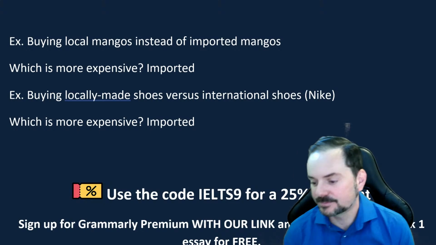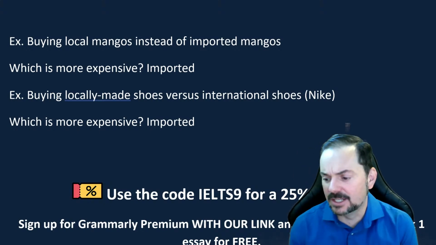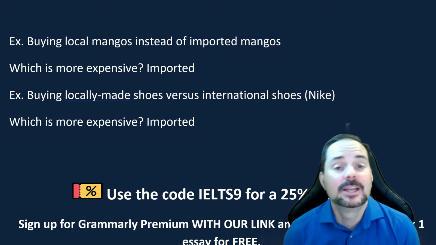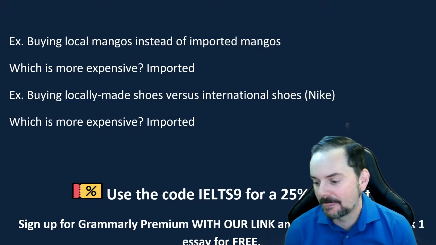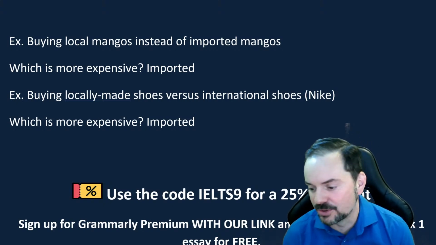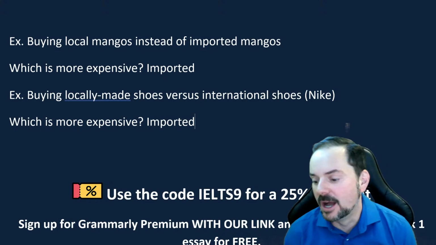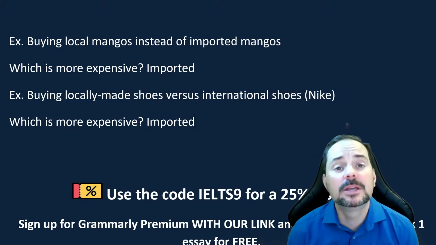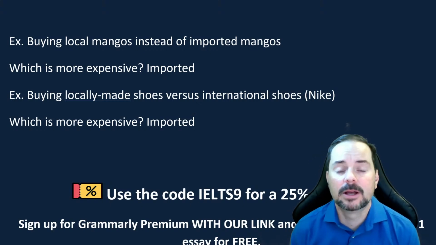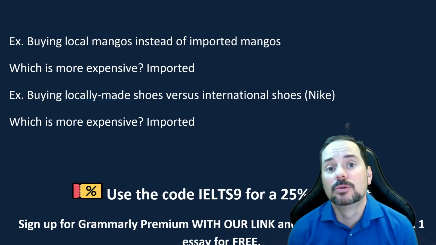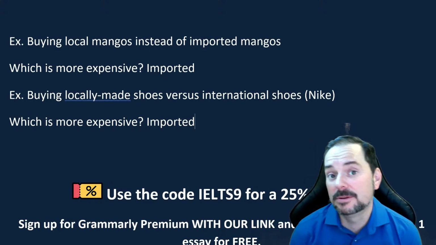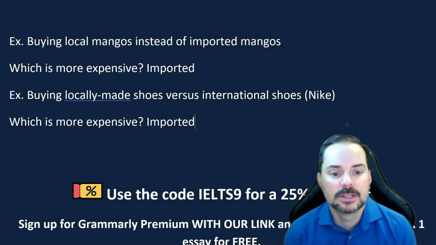Priyanka says in India, the imports are more expensive. In Canada, often the domestic is more expensive. Ghazi says, yeah, it's true. Why? Well, because of the cost of labor. In Canada, the cost of labor is very expensive. So locally made products are often made better, but they're more expensive.